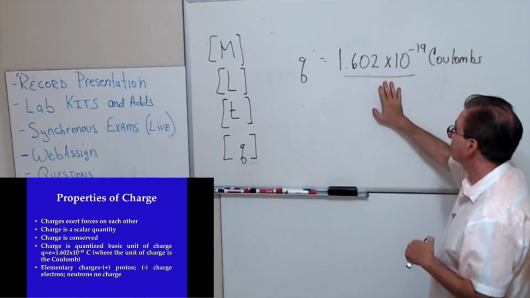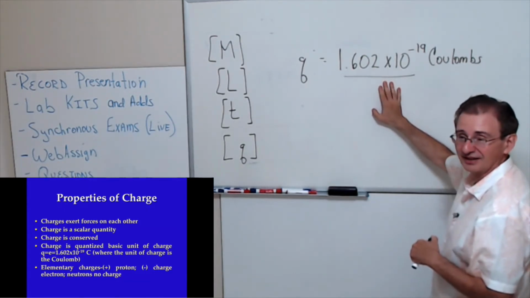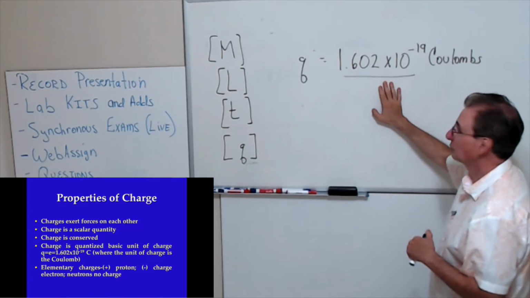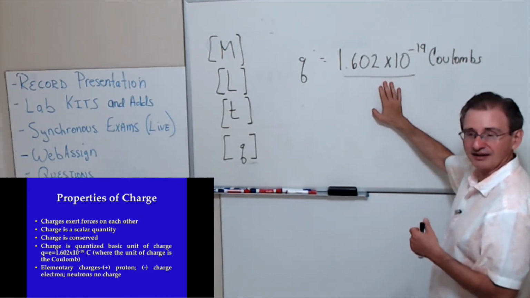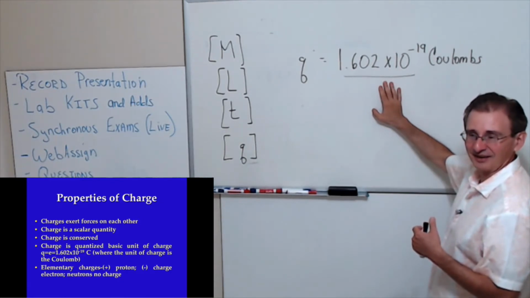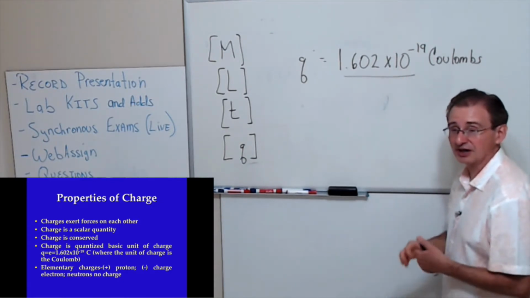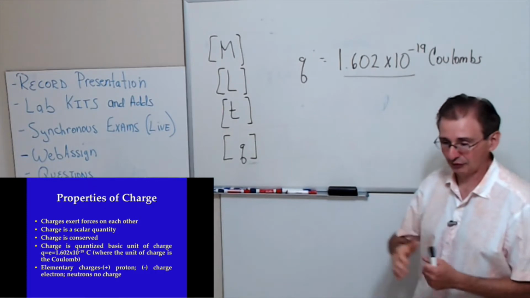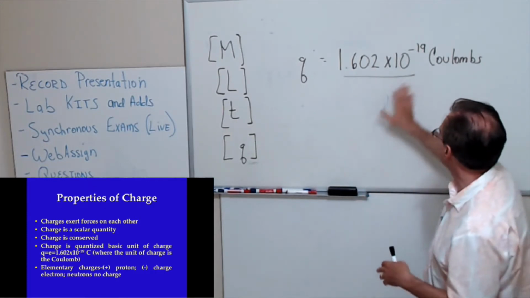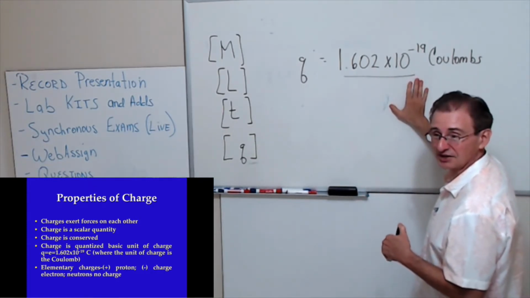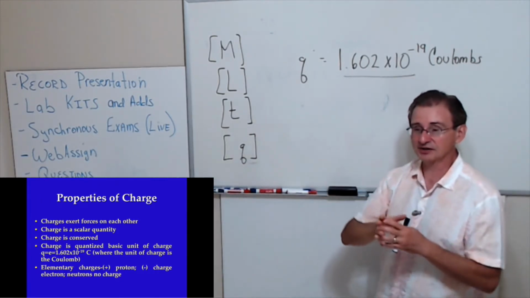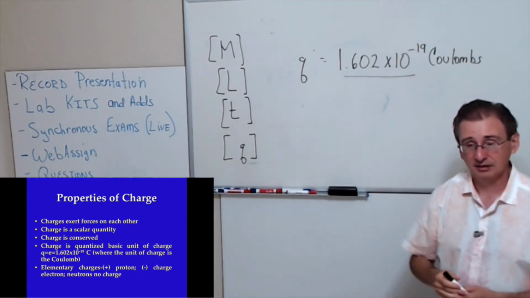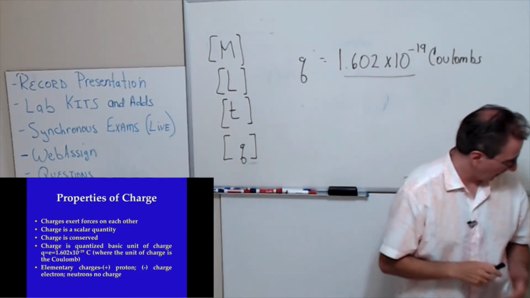Of course, if you have a lot of charges, the difference between 1 trillion charges and 1 trillion and 1 charges is not that big. It's going to be this value, but that's hard to measure. If you measure the charge on 1 trillion particles, and then the charge of 1 trillion and 1 particles, it's almost going to seem like a continuum of charges just because you have so many. But they are discrete.